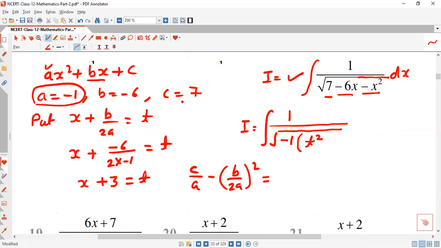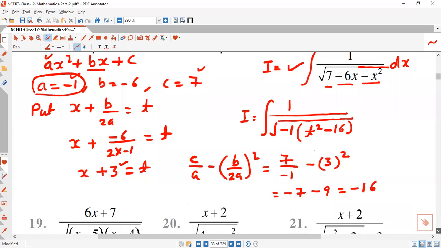Now c is 7, a is minus 1, so 7 upon minus 1 is minus 7, minus 3 square is minus 9, so minus 16 is the value. Bracket closed.